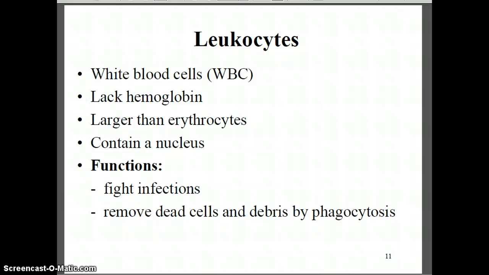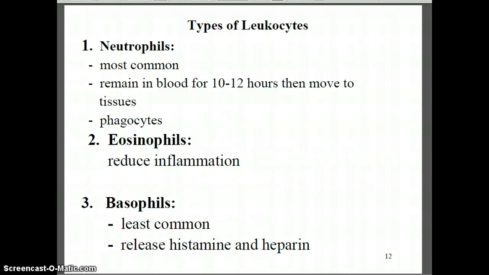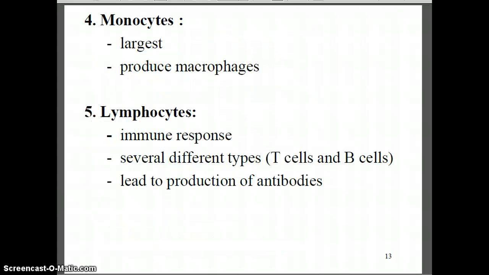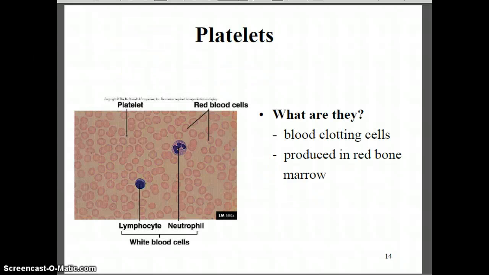They contain a nucleus, which means they can reproduce themselves. They function in the immune system and also in phagocytosis. There are several types of leukocytes. Please review the types and understand each one of their basic functions. Here are the first three: neutrophils, eosinophils, basophils, then macrophages, and lymphocytes.